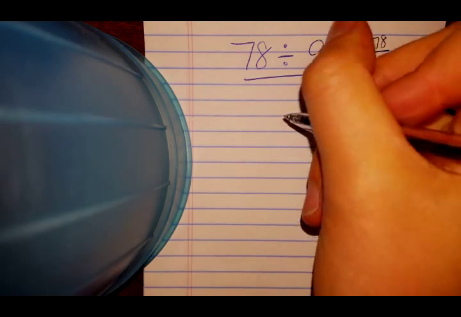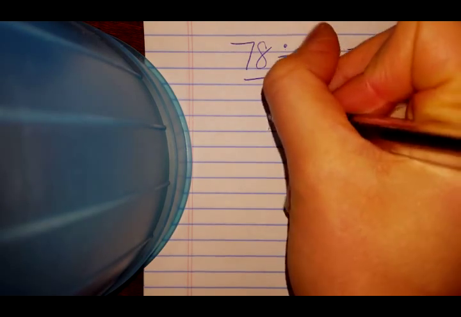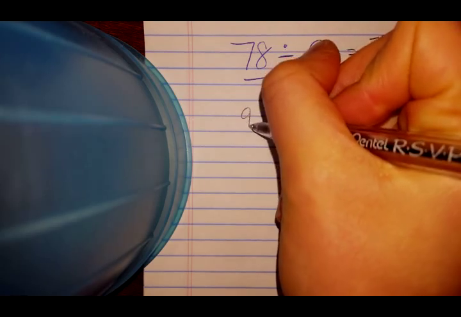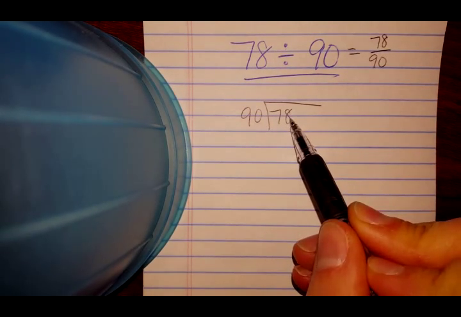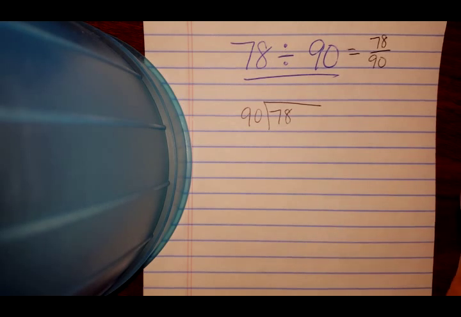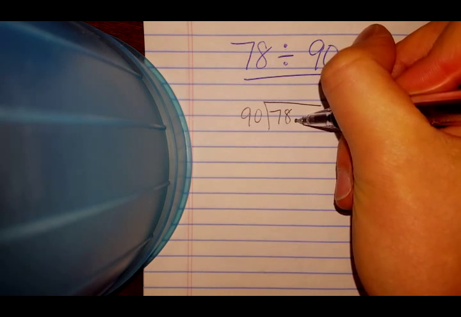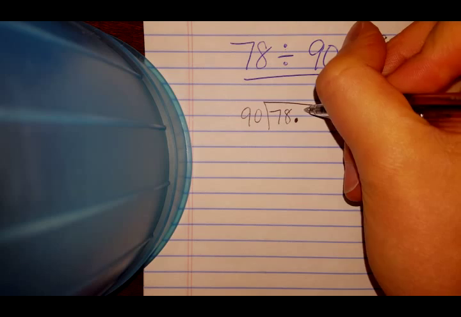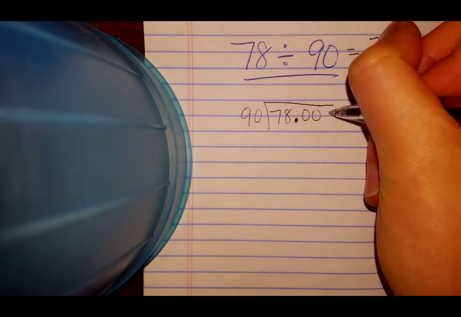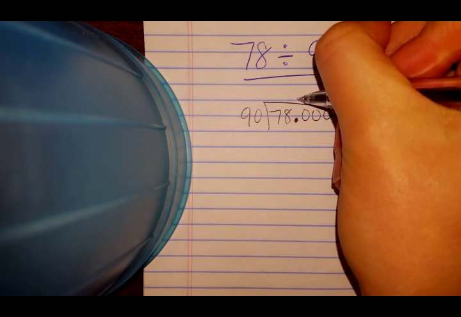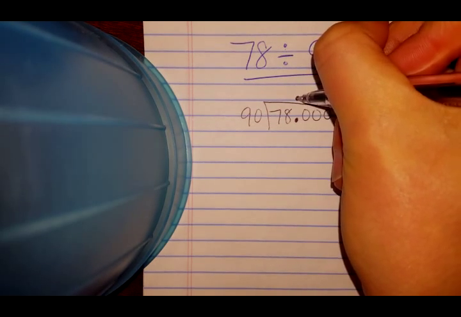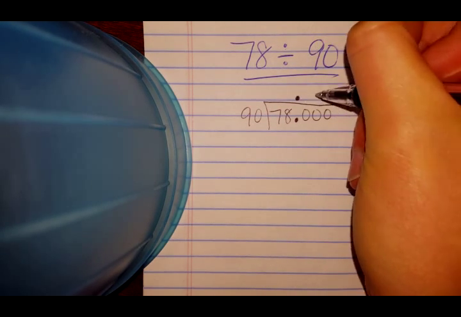So I've got 78 divided by 90. Remember I said that I know 90 doesn't go into 78 even once. So I'm just going to go ahead and say, let's call this 78.00. I don't know how many zeros, I'll put 3. And I will add a decimal to my quotient because I know it's going to be less than 1.